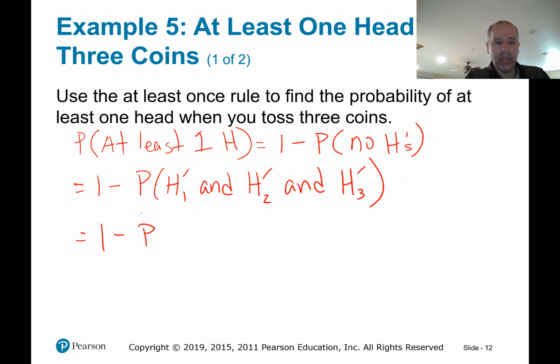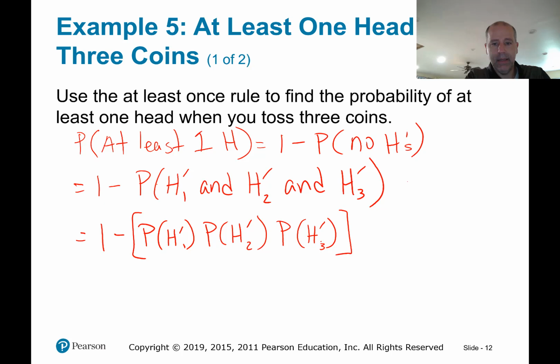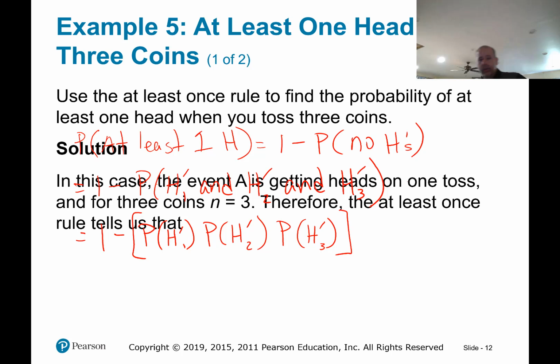So this is just going to be the probability of not getting a head on the first toss times the probability of not getting a head on the second toss times the probability of not getting a head on the third toss. Now, what is the probability of getting a head on any flip of a coin? It's 1/2, right? So now we know that each of these probabilities is equal to 1/2.